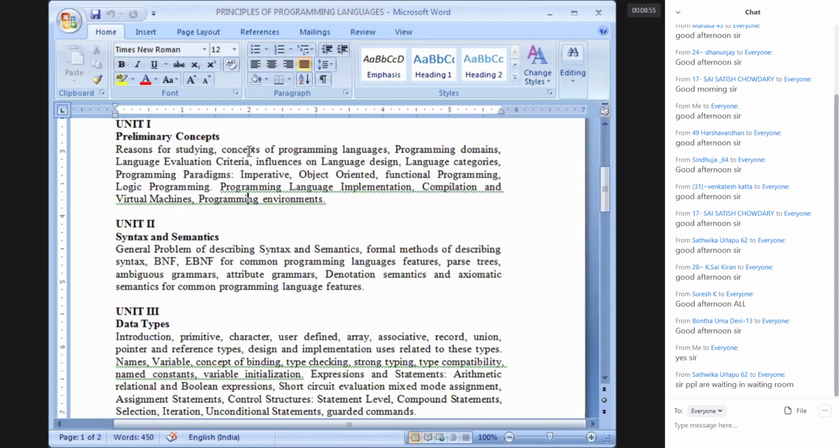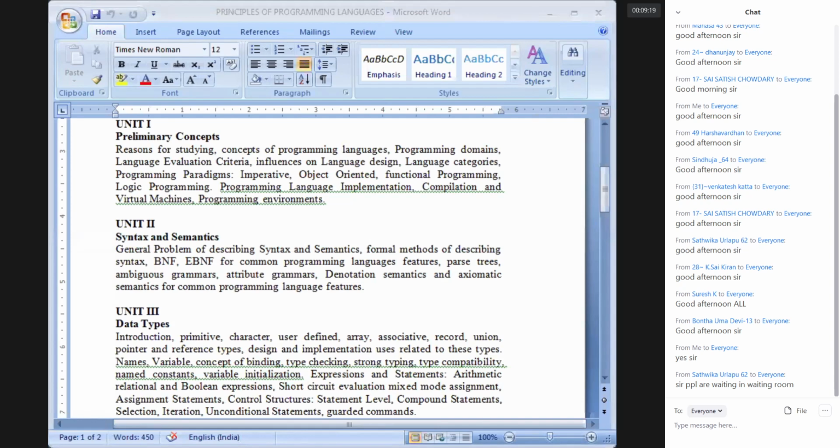Now we'll see the first topic, and slowly next after next. First, the reasons for studying principles of programming languages.